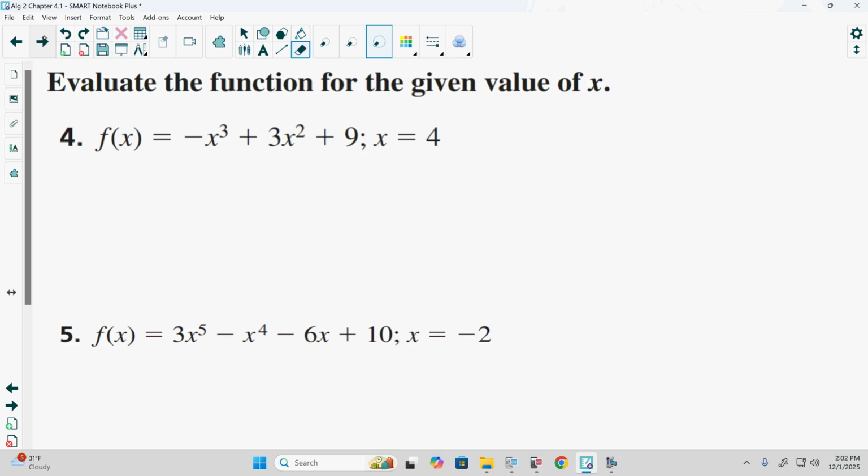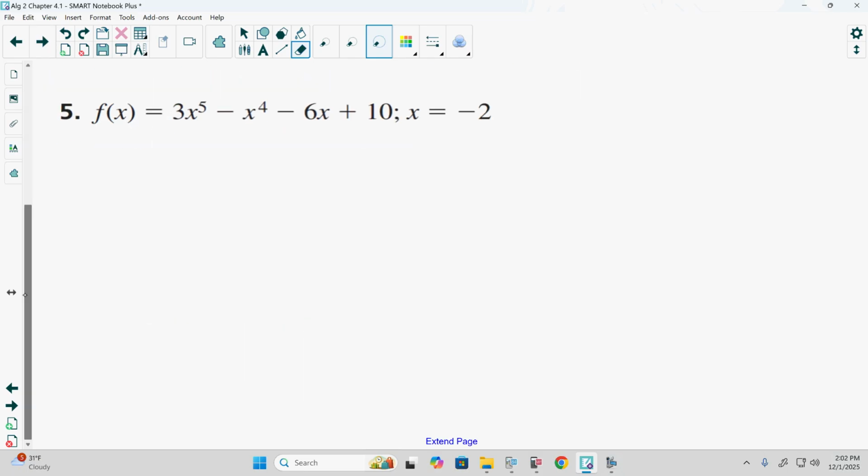Questions on evaluating? Do we feel comfortable with evaluating? Because even if we looked at number 5, 3x to the 5th minus x to the 4th minus 6x plus 10 for -2.